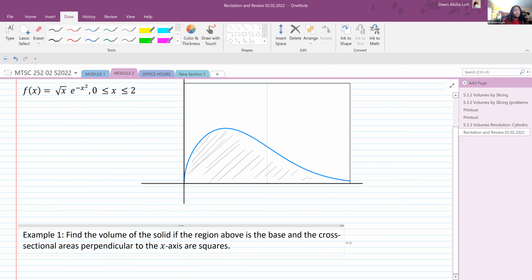So the first problem is to find the volume of the solid if the region above is the base and the cross-sectional areas perpendicular to the x-axis are squares.